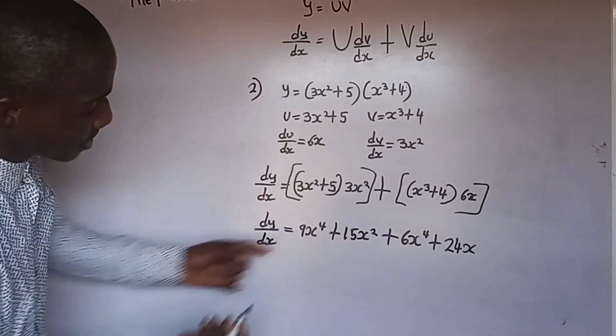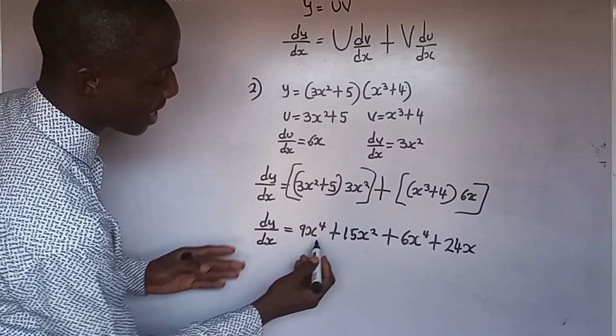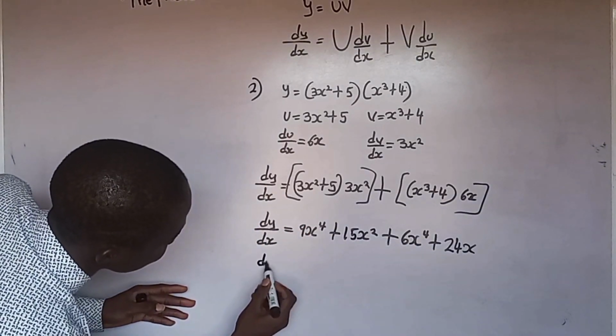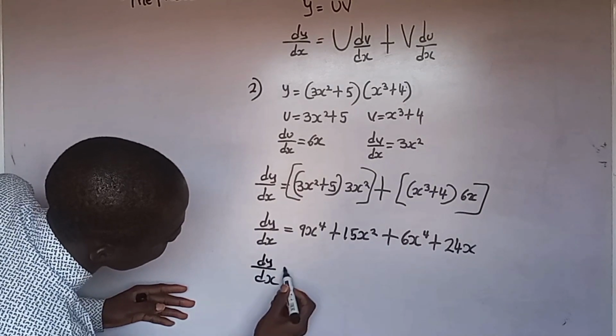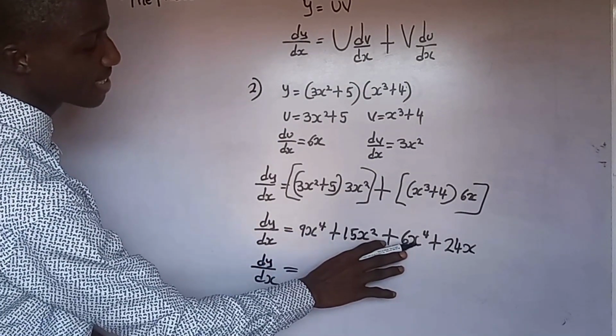Now we have, I think we have the power 4 here. We have another power 4 here. So we can add this and this together. So dy over dx is equal to 9x raised to the power of 4 plus 6x raised to the power of 4.